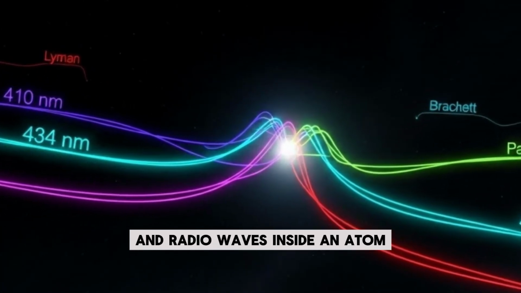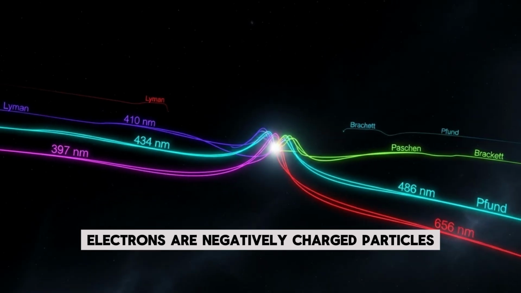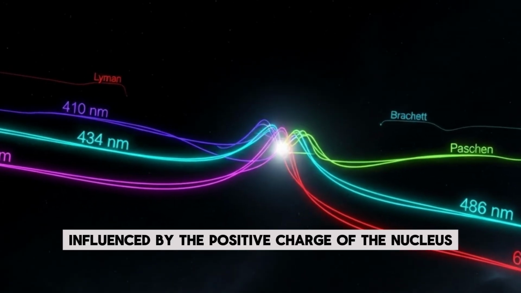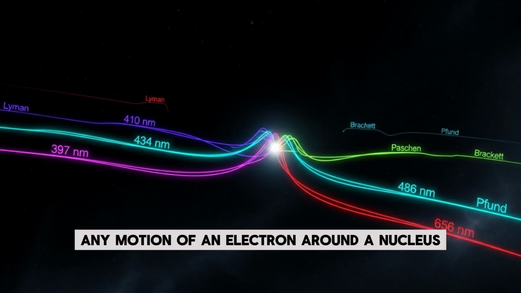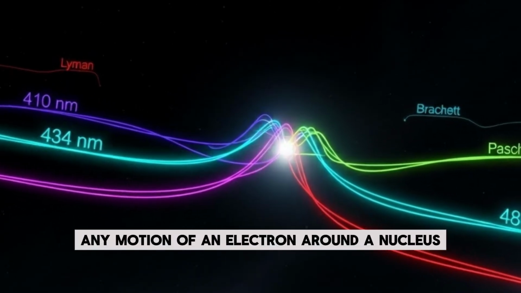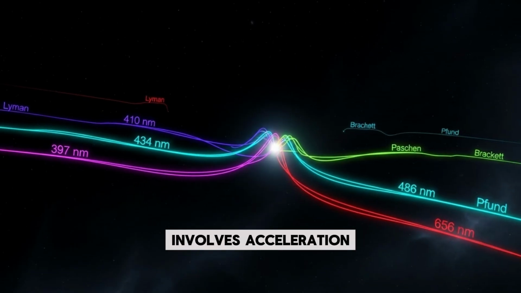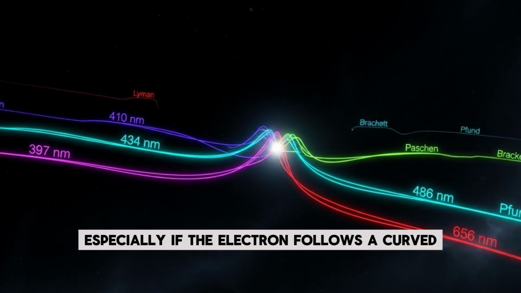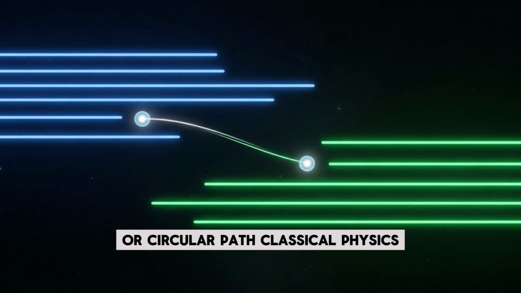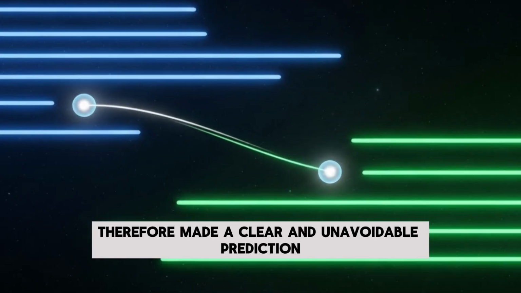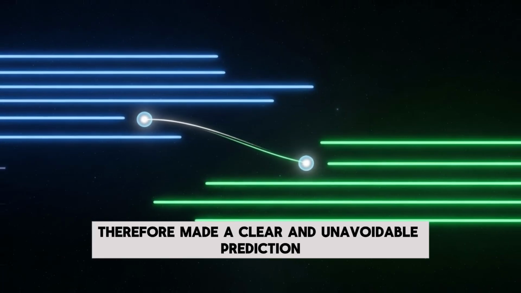Inside an atom, electrons are negatively charged particles influenced by the positive charge of the nucleus. Any motion of an electron around a nucleus involves acceleration, especially if the electron follows a curved or circular path. Classical physics therefore made a clear and unavoidable prediction.